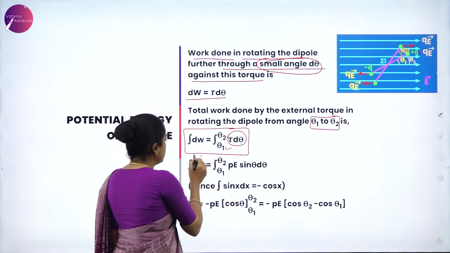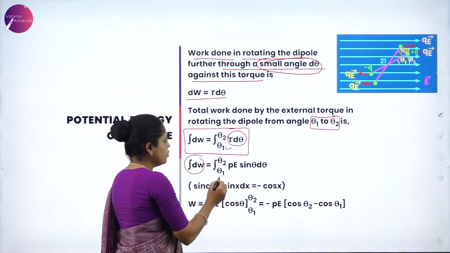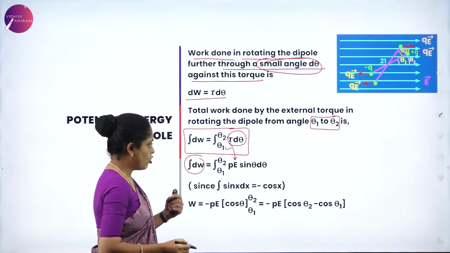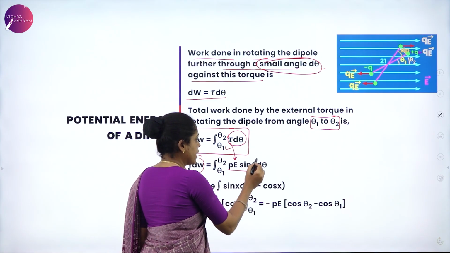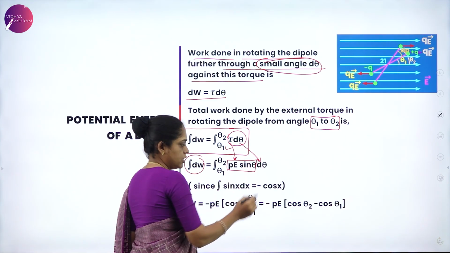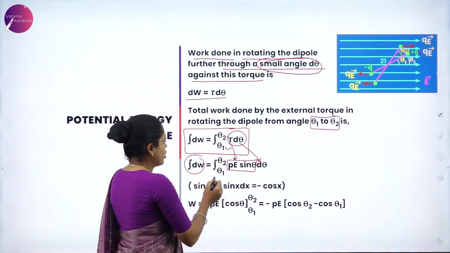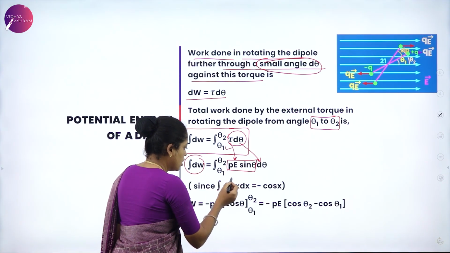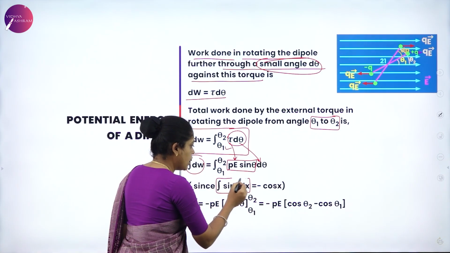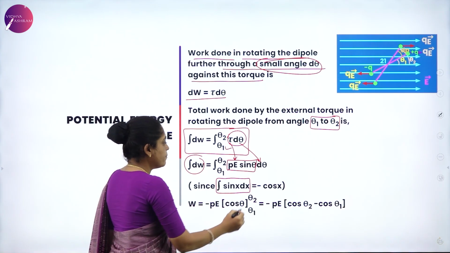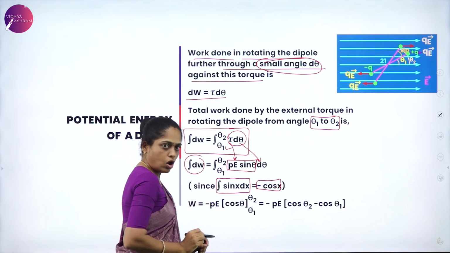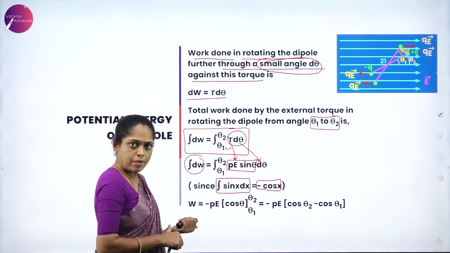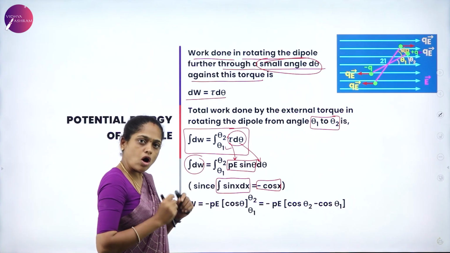Next, integration of dW is equal to integration of, in the place of tau, you substitute the expression of tau, that is PE sine theta, and the d theta as it is, from theta 1 to theta 2. Next, the integration of sine theta d theta is minus cos theta, because here the variable is theta, and P, which is dipole moment, and E, electric field, are constant.